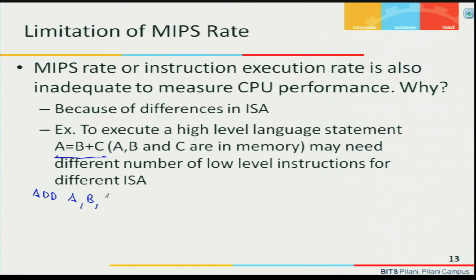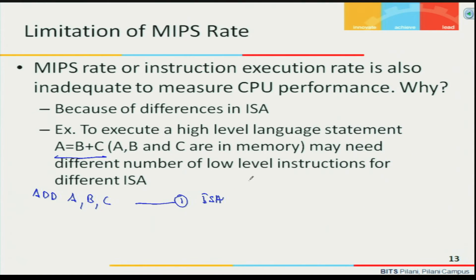So it is reading B and C from the memory and storing the addition result of B and C in the memory location A. That is one instruction and it takes some time, let us say time t.